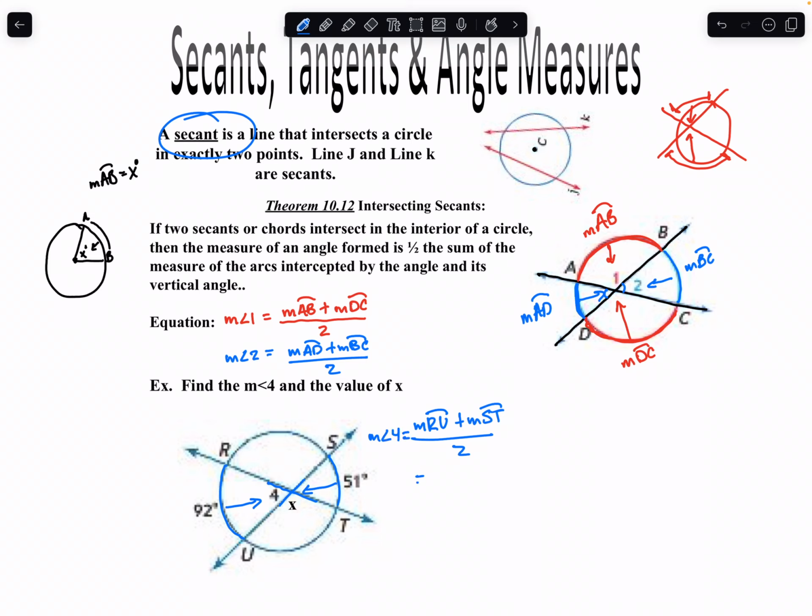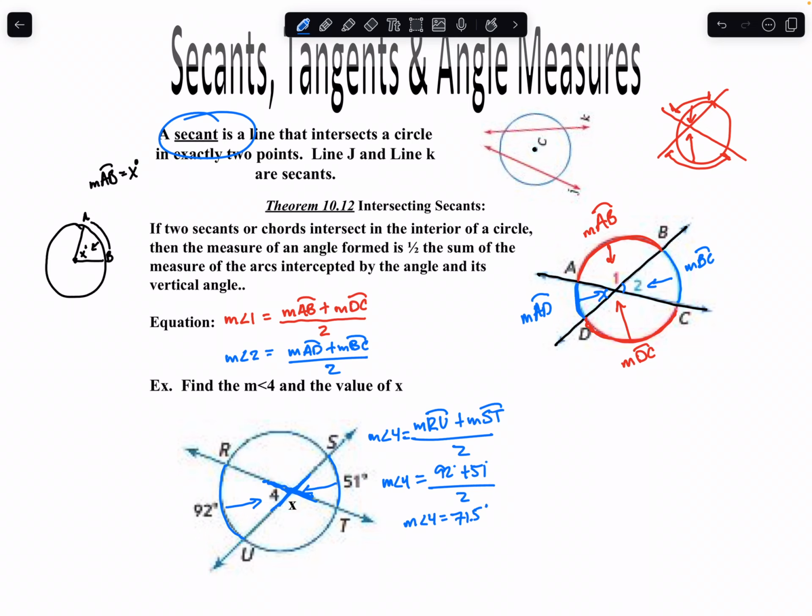So we have 92 degrees plus 51 degrees, divided by 2. If you put that in your calculator, that gives us 71.5 degrees. So the measure of angle 4 is 71.5 degrees, and because these are vertical angles, both of those are 71.5 degrees.